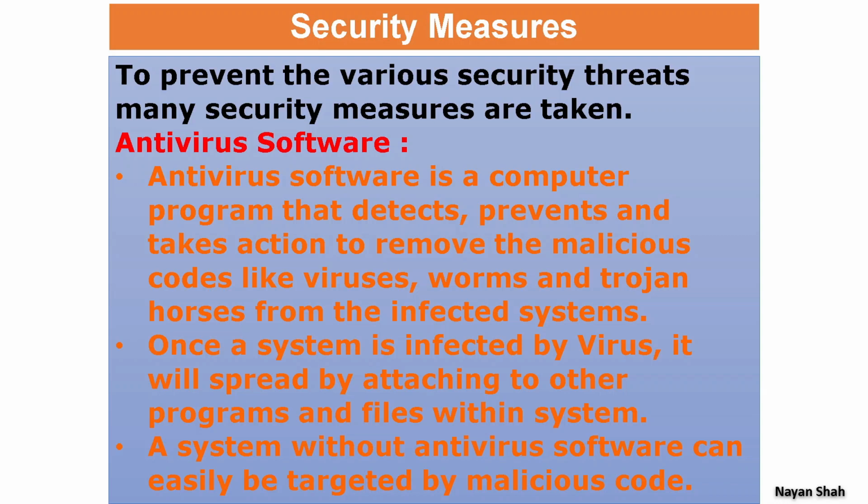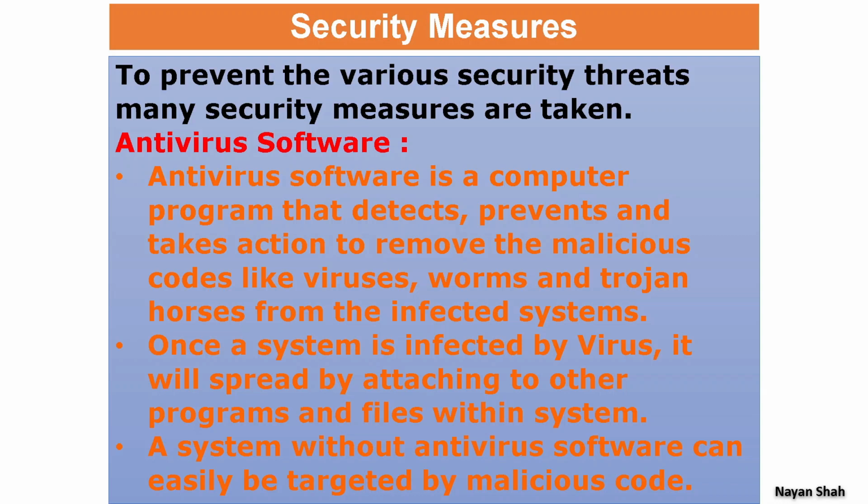So antivirus software is a simple computer program that detects, prevents and takes action to remove malicious code like viruses and other things. Once a system is infected by a virus, it will spread by attaching to other programs and files within the system. But if we are using antivirus software, then we can control that. A system without antivirus software can easily be targeted by malicious code.